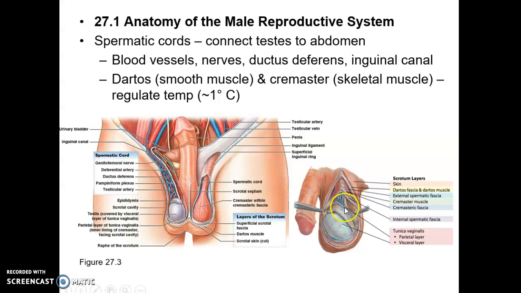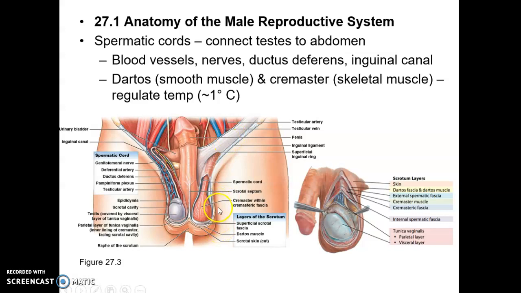to maintain the appropriate temperature of the testes within the scrotum at about 1 degree Celsius lower than the normal body temperature. And that's important because the proper sperm development has to occur at a slightly lower temperature than normal body temperature. That's the reason why the testes descend and actually exit the abdominal cavity in the male.